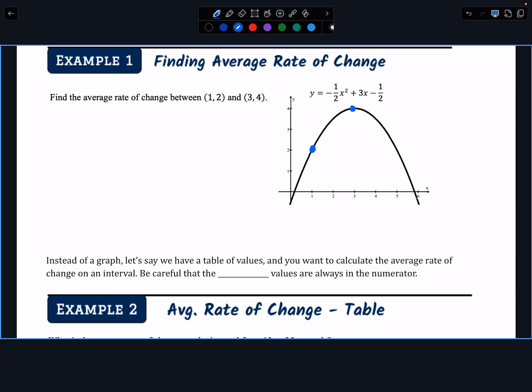It's U-shaped, quadratic, so that's not linear, obviously. But since we're finding a rate of change, don't you agree we're finding slope? Use a ruler and draw a line between those 2 points, because what we're actually doing here is trying to find the slope between these 2 points.